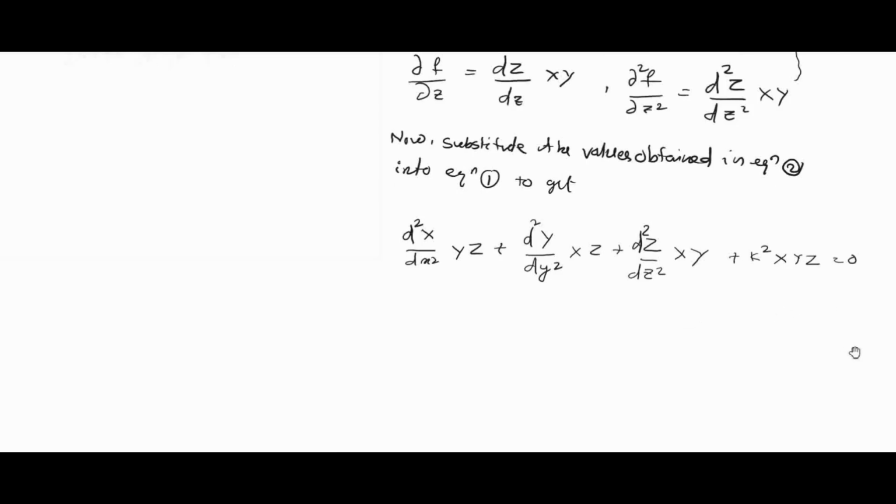Okay, now we have to eliminate this yz, xz, xy and xyz from these terms. In order to do that, let us divide the whole equation by xyz.